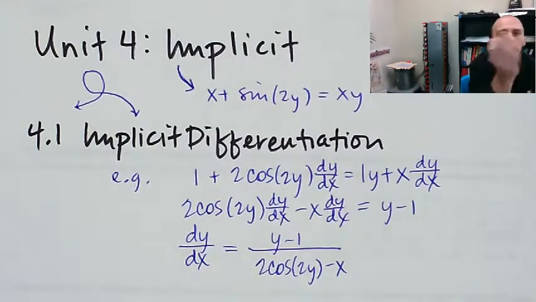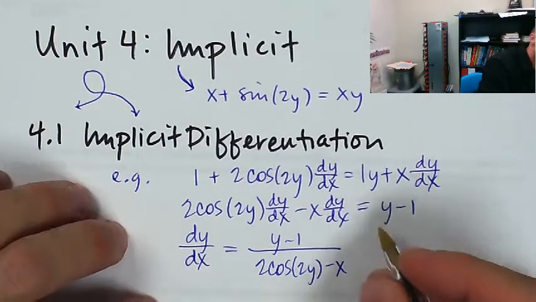And then if they gave us a point that was on the curve, maybe 0 and pi. Yeah, 0 and pi.